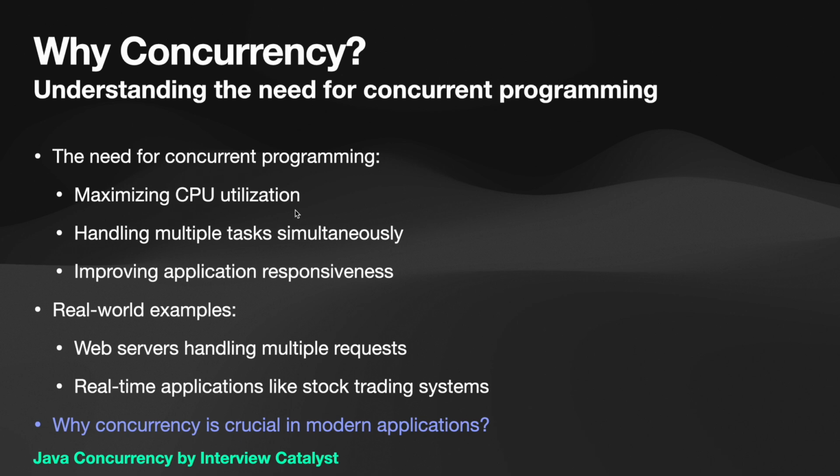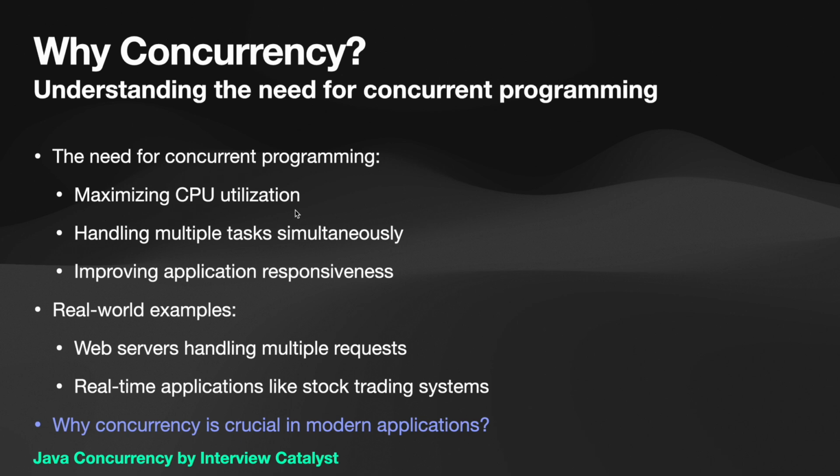The real-world use cases are stock trading systems, real-time price updates and simultaneous trading executions, gaming applications, rendering graphics and processing user input concurrently, IoT systems managing data streams for multiple sensors in real time, AI/ML workload, parallel processing of data for training models.